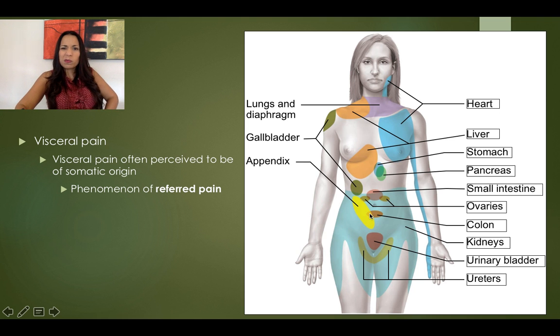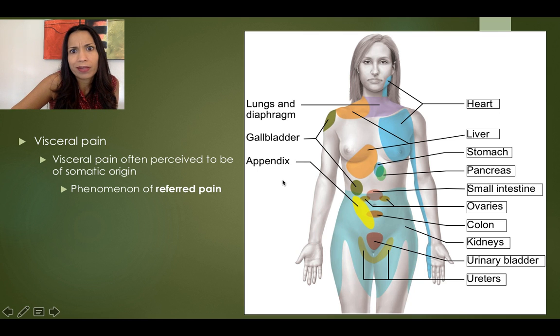It's a dull pain in your entire abdomen, and you don't know what is hurting. It starts right here in the epigastric area, but then it descends and localizes, and then the patient can say it's right here on the right side. That's the somatic pain of the affection of a visceral organ, the appendix.